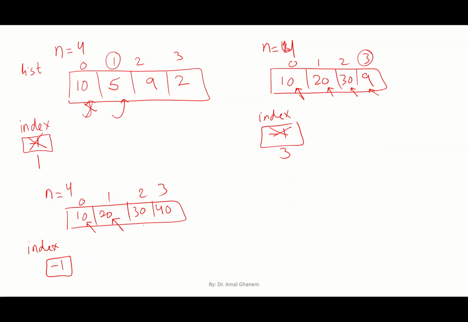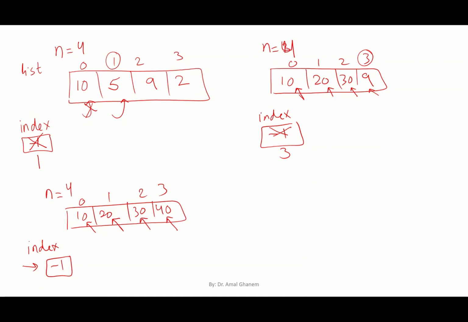It's not. The second one is not odd. The third one is not odd. The last one is not odd. We finish the array, we will stop, and the value of the index is still -1, which means we finished the array and there is no odd number. That's why the value of the index did not change, and it still has -1 as a value.